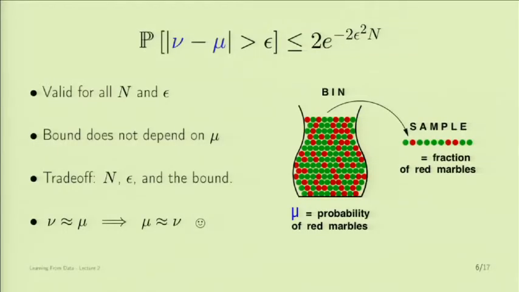I just wanted to make the point clear that when we write the Hoeffding inequality, which you can see here, we are talking about this event. You should always remember that nu is the thing that plays around and causes the probability to happen, and mu is a constant. When we use it to predict that the out of sample will be the same as the in sample, we are really taking nu as fixed because it has to be, this is the in sample we got, okay?